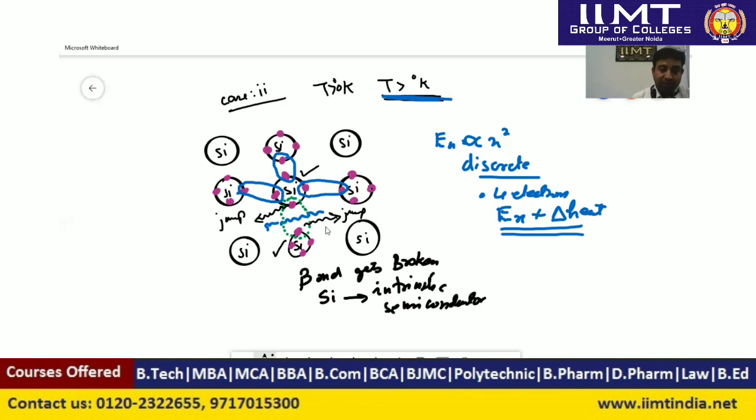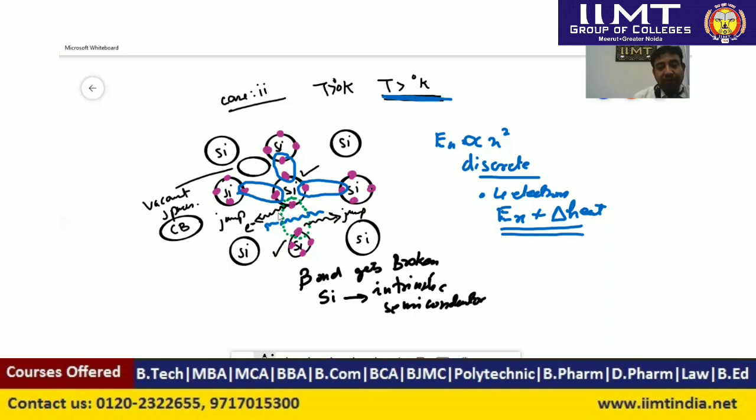So after jumping, what happens is very interesting actually. When the electron jumps from here, it comes into vacant space here. These are vacant spaces, and these vacant spaces are none other than the conduction band. And what results from this jump?